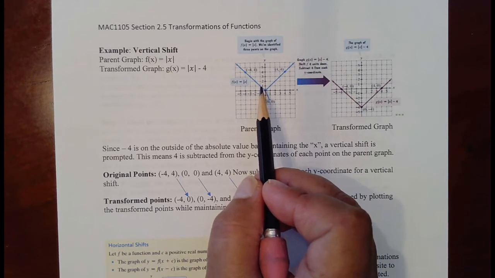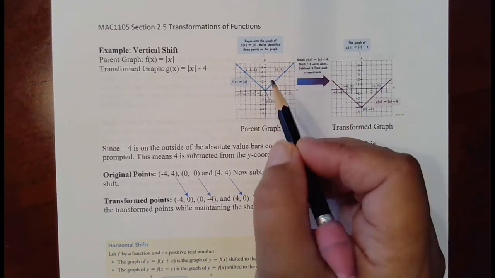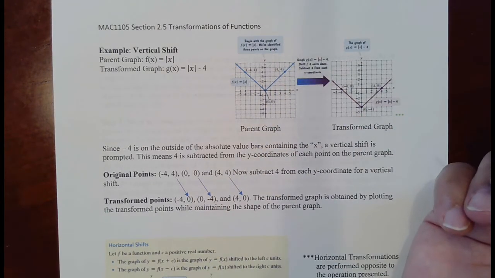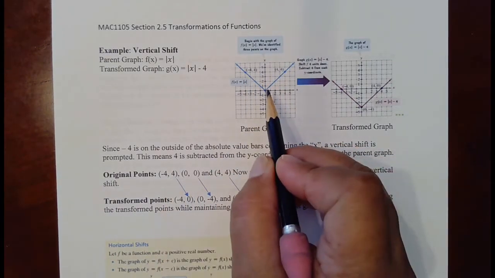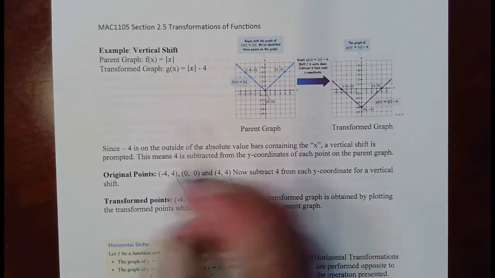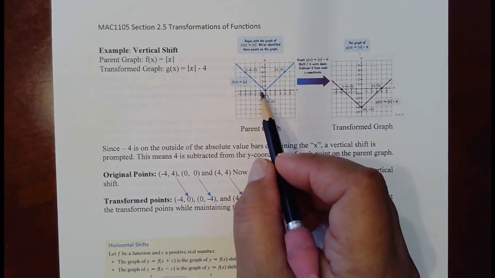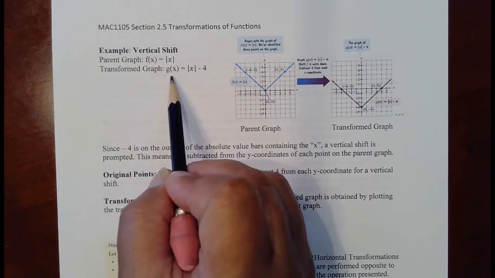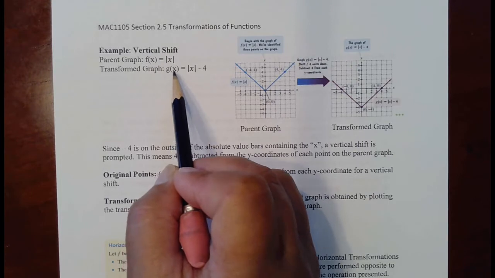They've selected just 3 key points on the graph: -4, 4, which is right here, 0, 0, and also 4, 4. So these are points on the original parent graph, and that's called f of x. Then they're talking about another graph, which will be the transformed graph. They're asking you to take that shape, that's why you see the absolute value of x again, and do this to the parent graph.